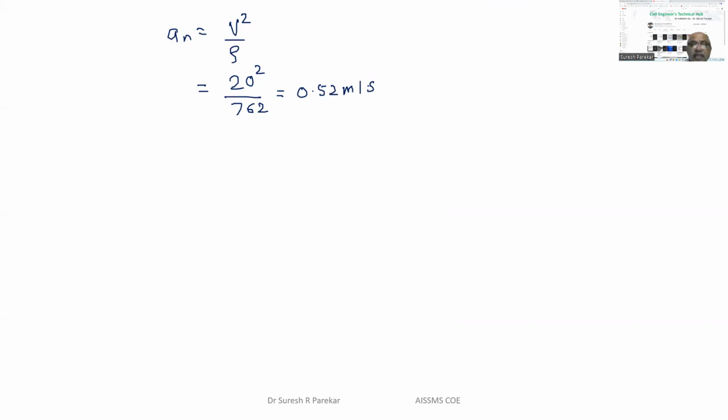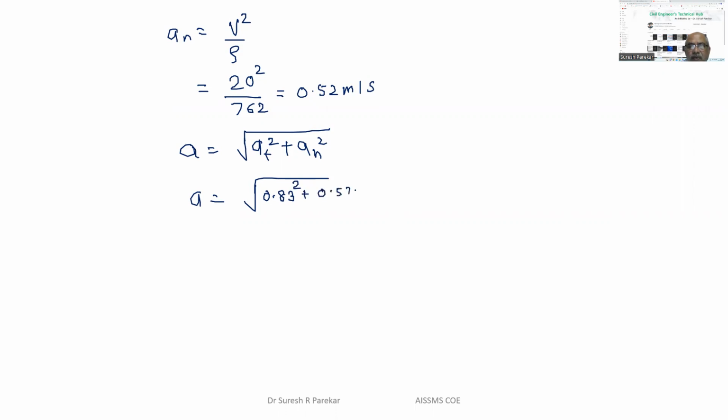And then knowing this value of an, we can find a, which is equal to root of at square plus an square, and a equal to root of at, we have 0.83 square. So if we take minus also, then also it becomes plus.